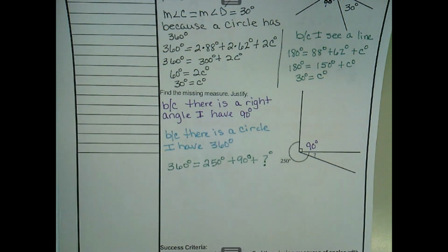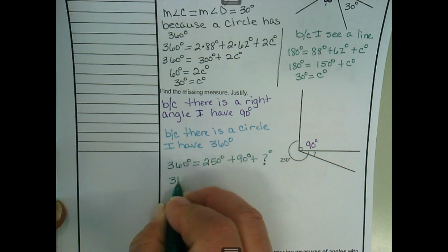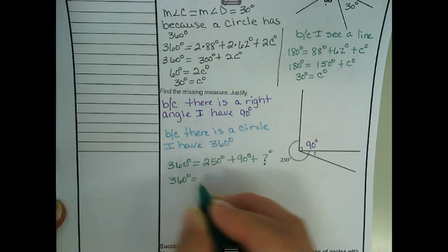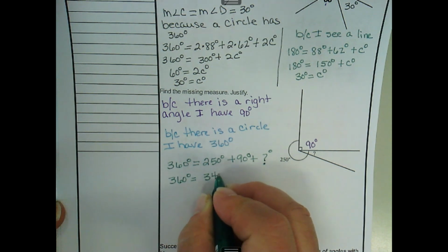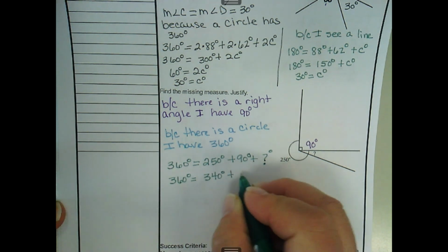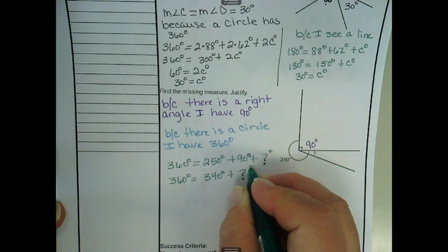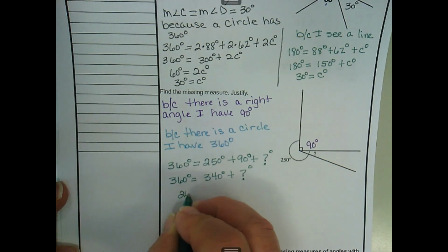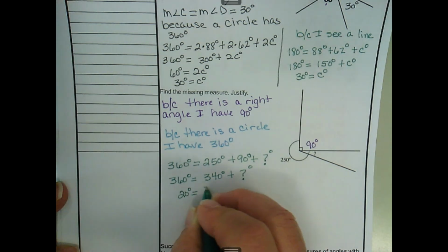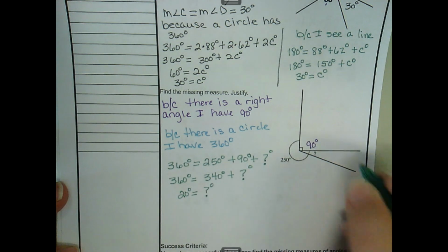Combine your like terms. 360 degrees is equal to 340 degrees plus my question mark degrees. Subtract 340 from both sides. 20 degrees is what my question mark is.